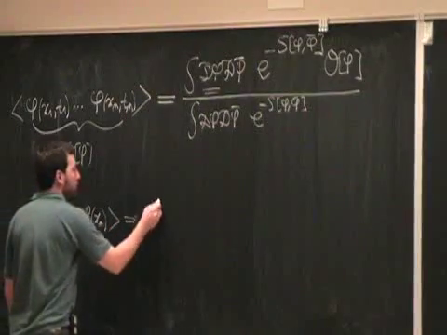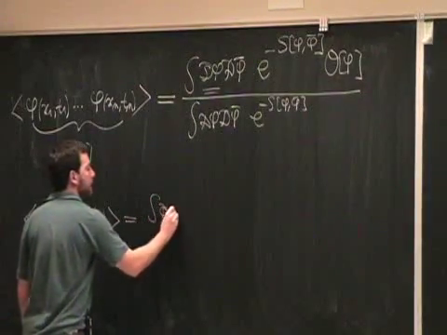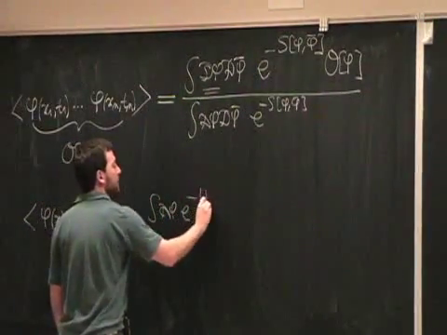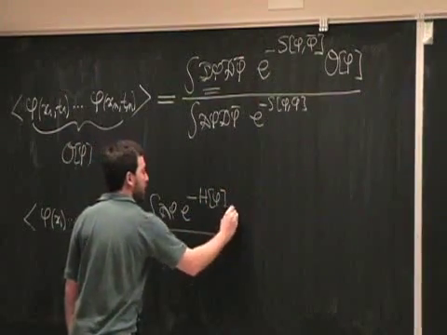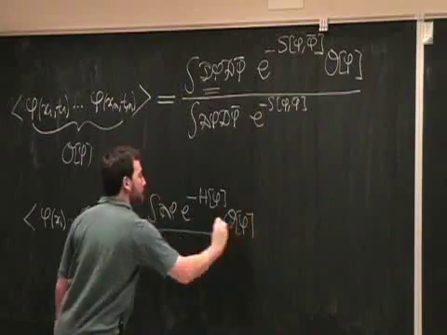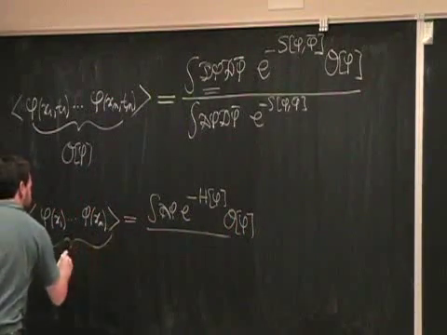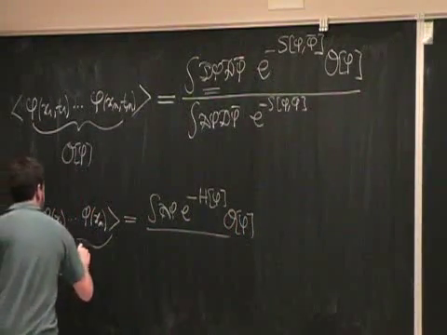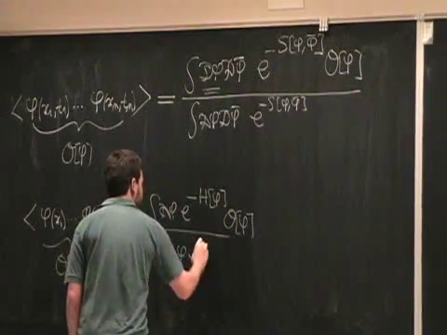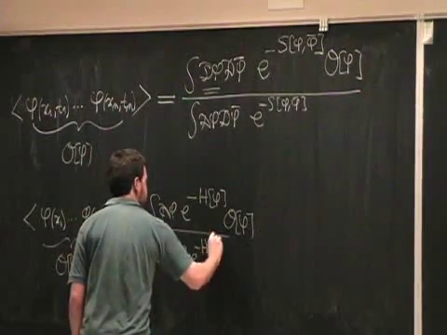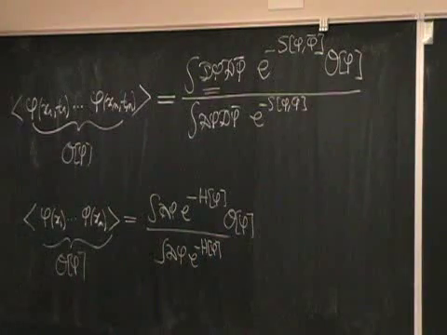But the expression looks very similar, but you have an effective Hamiltonian here. And of course, again, you need to normalize the expression. Okay?